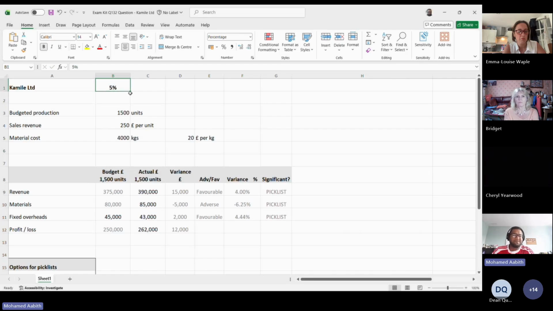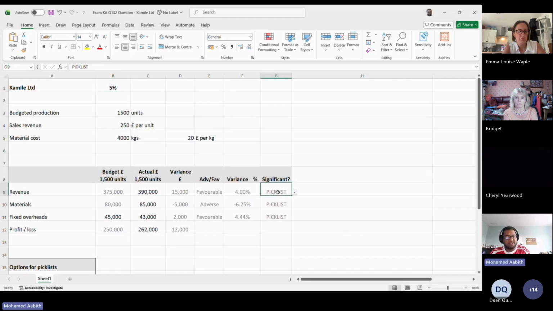So anything above 5%, I need to say that is a significant variance. Anything below 5%, I can say that is a non-significant variance.